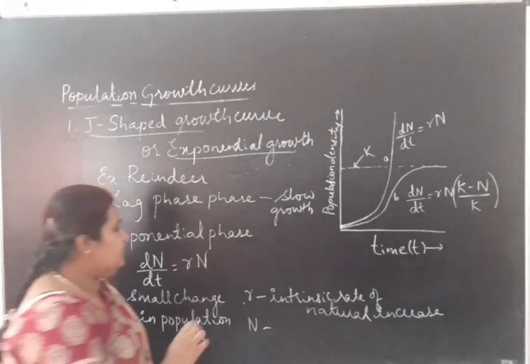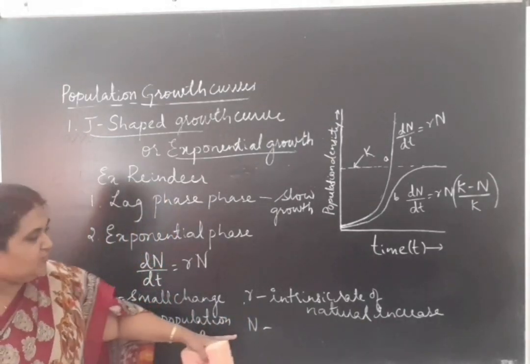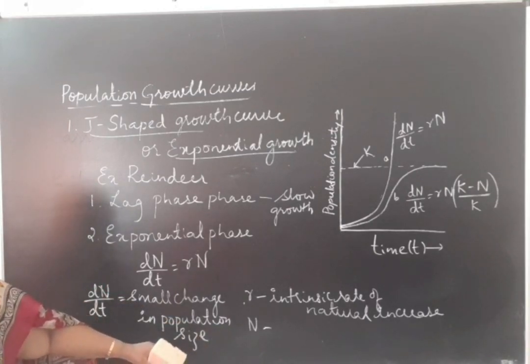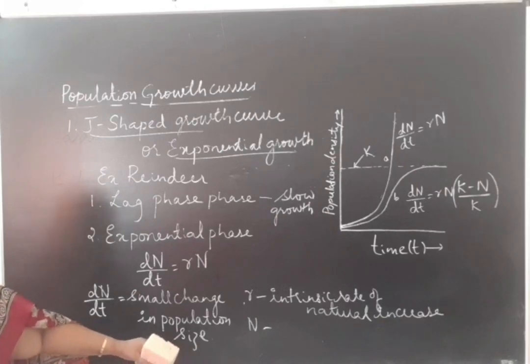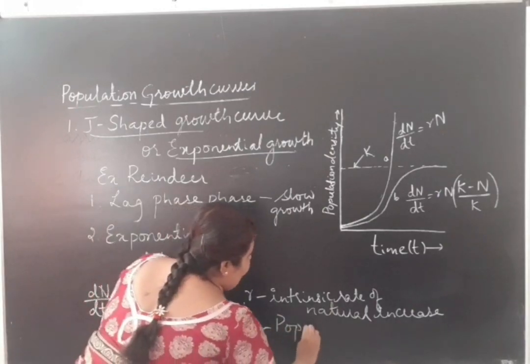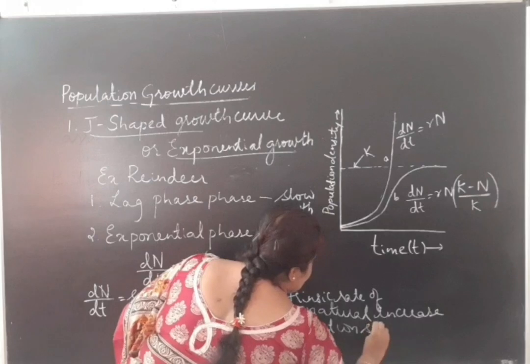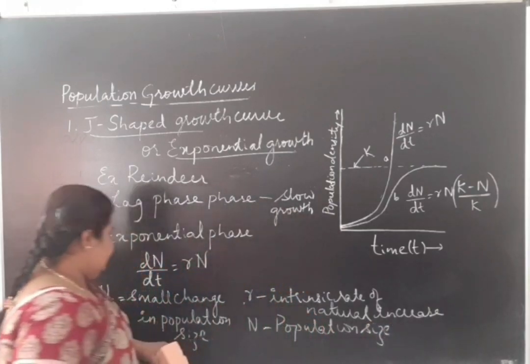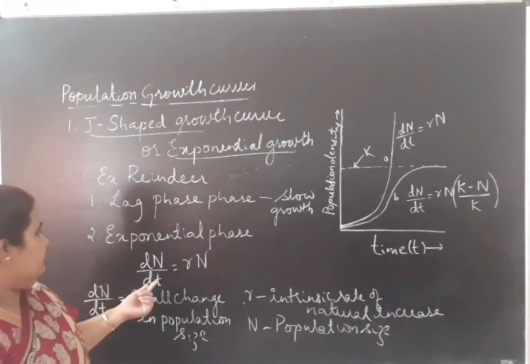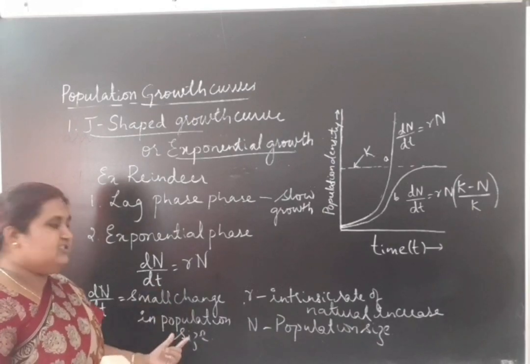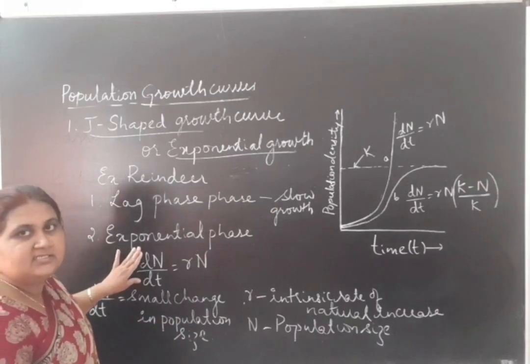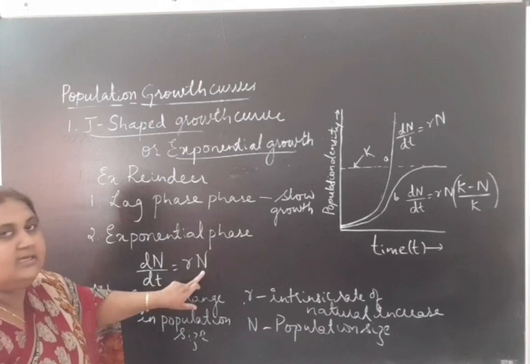Population size, the number of individuals. dN by dt is the rate of change or small change in population size. So dN by dt is equal to rN.